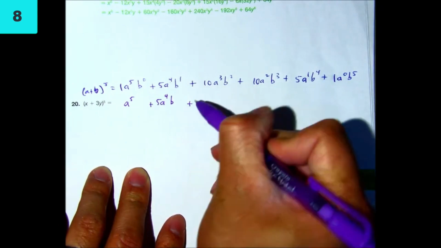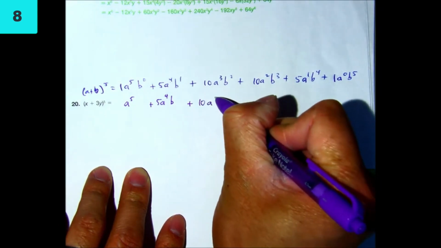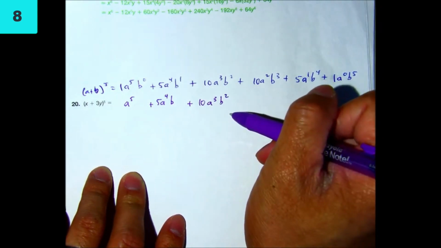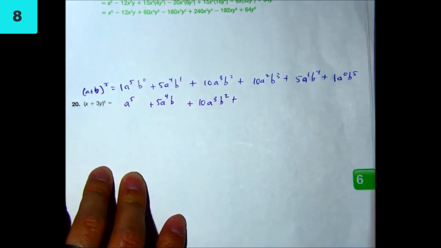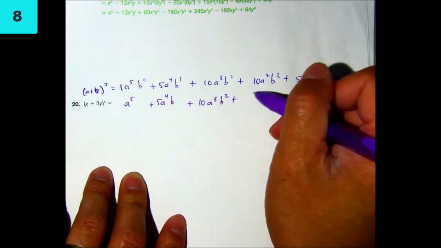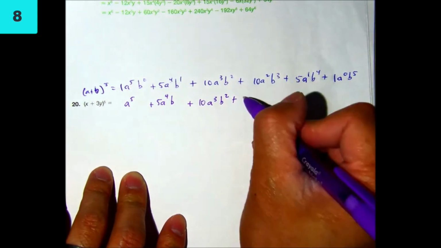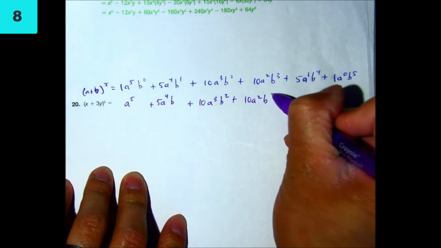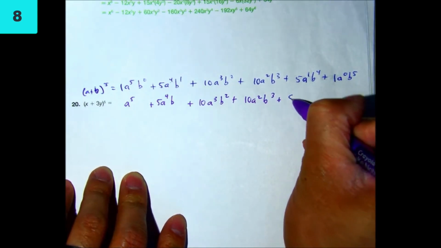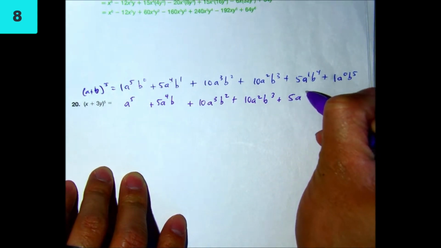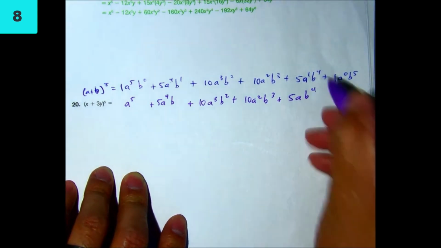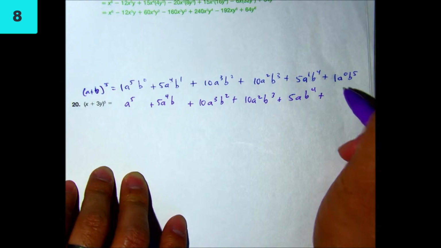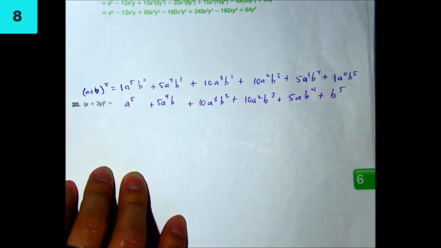Plus 10 a to the third b squared, plus 10 a squared b to the third, plus 5a b to the fourth, plus 1 b to the fifth. Okay, so that's a cleaned up version.